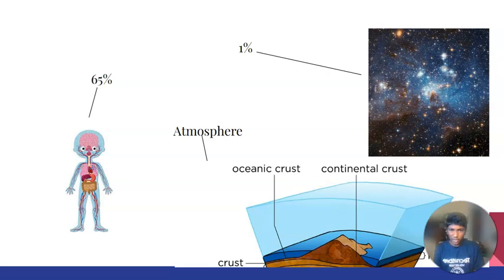And the most common place for oxygen to be is on the Earth's crust. We're on the Earth's crust.